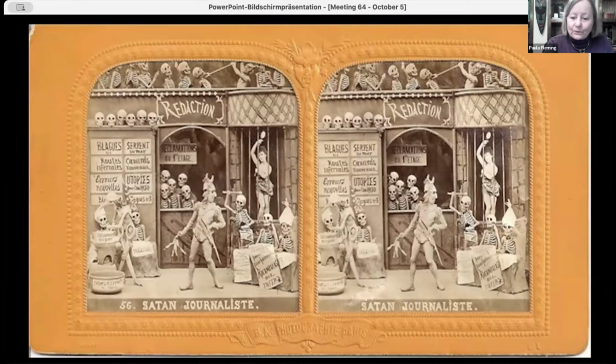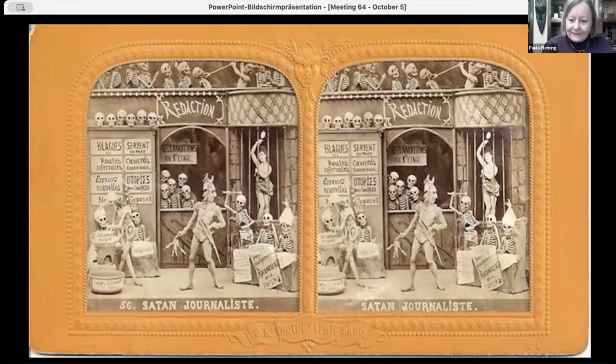In the front on the right, if you look below the skeleton wearing a cap, which, by the way, is a chef's cap, you can faintly see a pair of scissors. Obviously, they were going in and cutting out anything that they could.